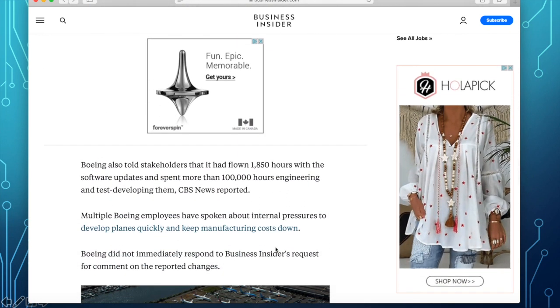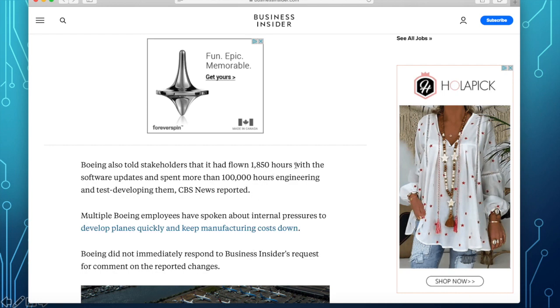So the pilots actually struggled with the controls for, I don't know, 10 to 15 minutes, and I can just imagine the pilots trying to save the airplane and their lives by trying to pull the airplane up because the nose keeps diving down. The software keeps pulling the nose down.